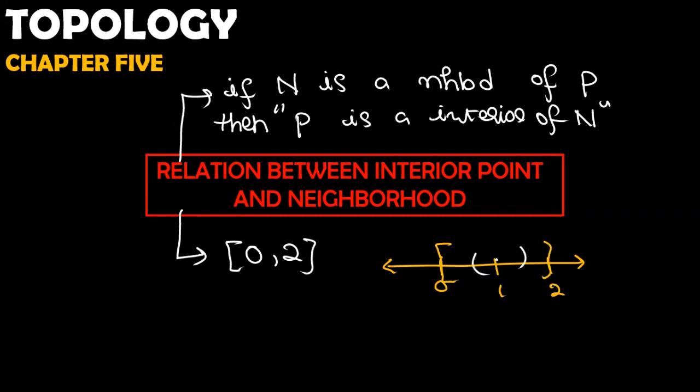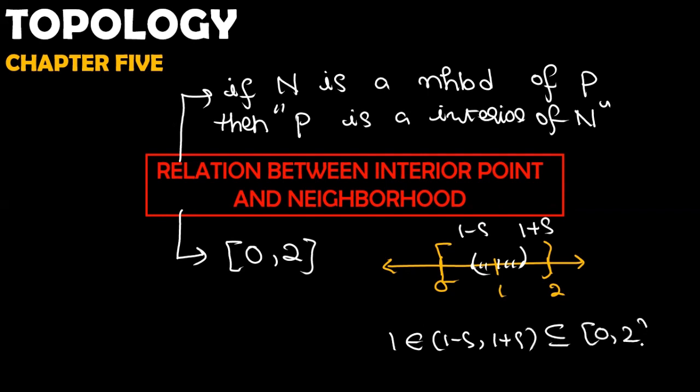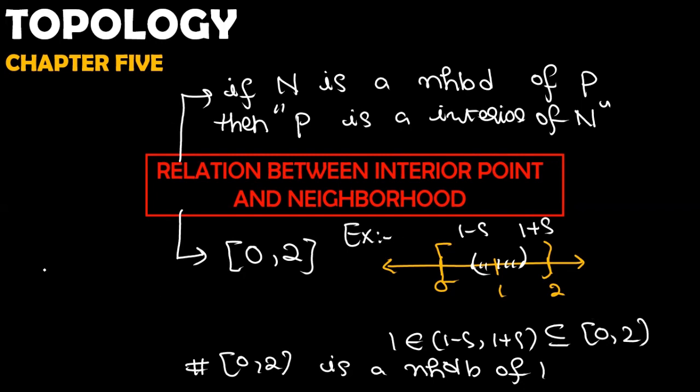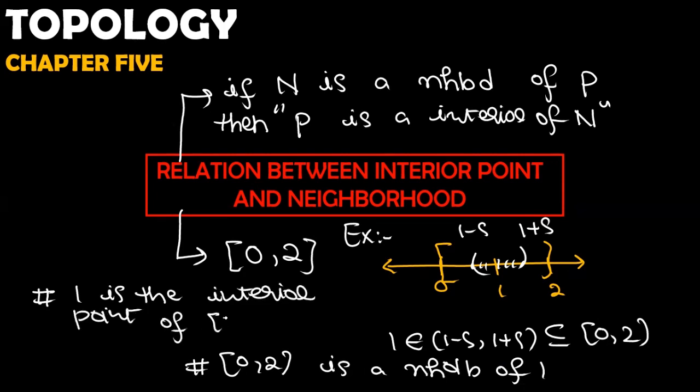Now, you can clearly see that 1 minus delta and 1 plus delta is a subset of the closed interval 0 to 2. Then the closed interval 0 to 2 is a neighborhood of 1, so I can also say that 1 is the interior point of the closed interval 0 and 2. So this is the way: if you have a neighborhood, I can find the interior point.